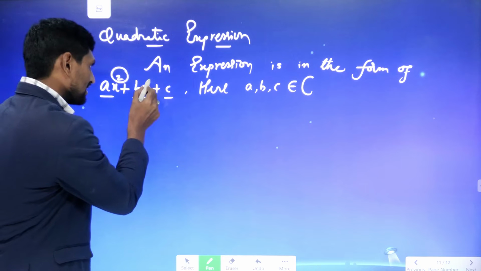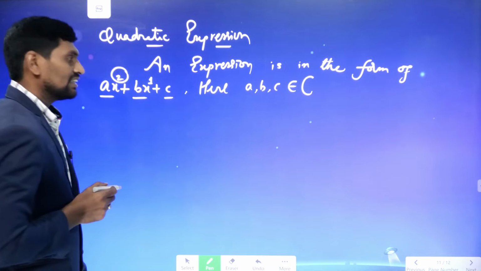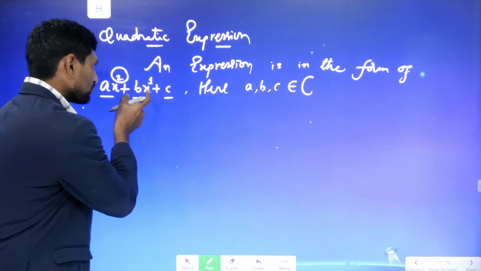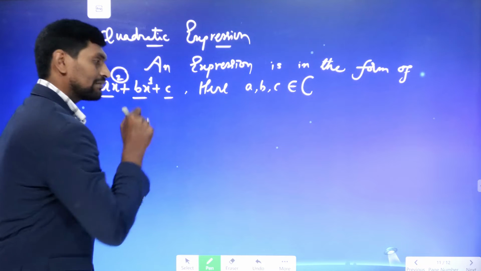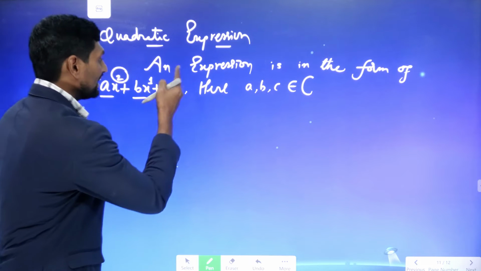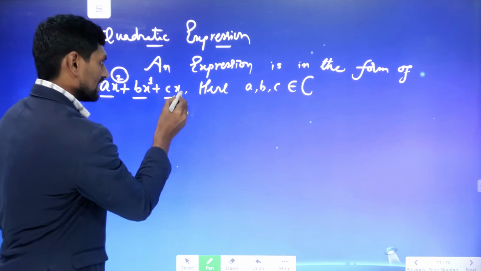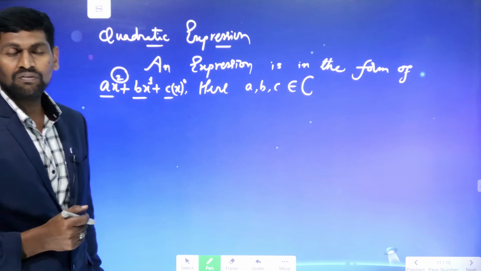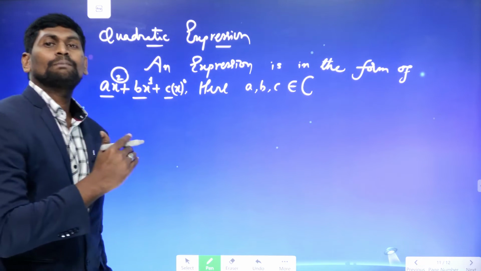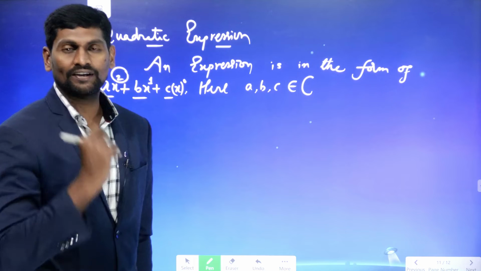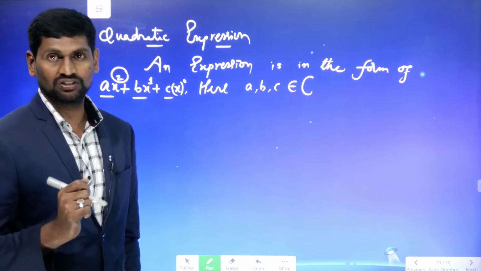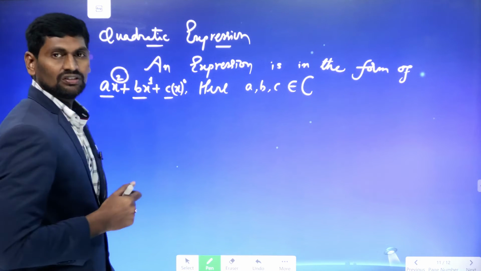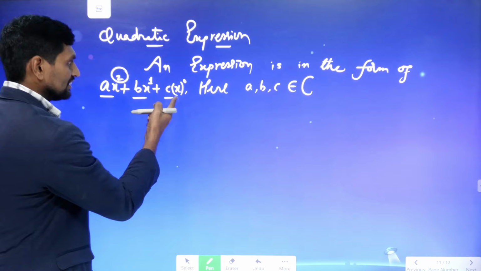That means it is 1. Here the second term's degree is 1. There is no x in the third term, so its degree is 0, nothing but x power 0. As you learned in the exponents and powers topic, anything power 0 is 1 except 0 power 0. Okay. Anything power 0 is 1. So here its degree is 0.